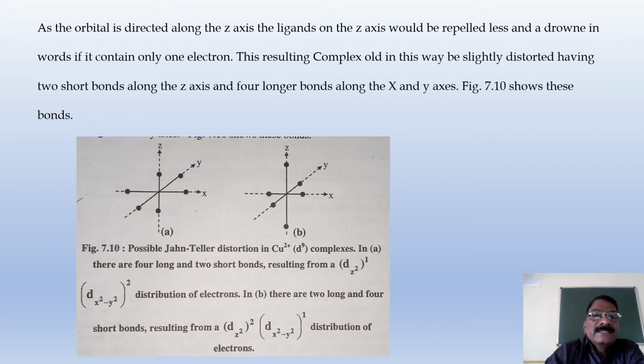This figure indicates these two situations: see, there is shortening along the z-axis, that is elongation in the xy axes, and in another there is shortening in the xy axes and elongation in the z-axis. These two situations explain how the asymmetry will affect the complex if the dz square orbital is unsymmetrically filled and if the dx square minus y square orbital is unsymmetrically filled.